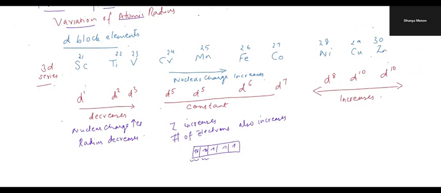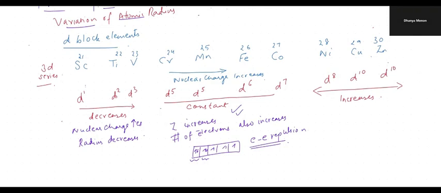So this nuclear charge increase and electron-electron repulsion balance each other. So what is happening to the atomic radius? There's not much increase. It remains constant, because in the proportion in which the nuclear charge is increasing, the electron-electron repulsion is also seen. Both of them balance each other, so there is not much increase or decrease. It's almost constant.